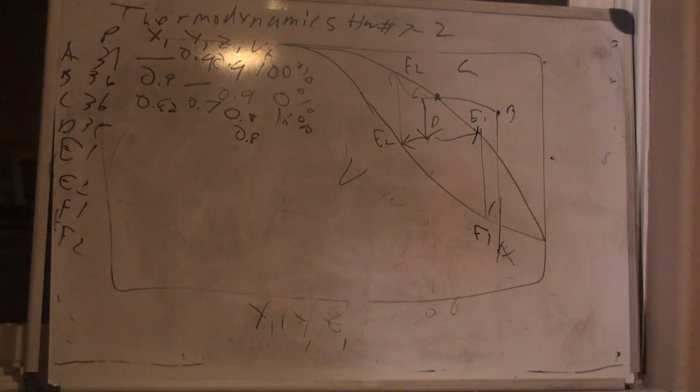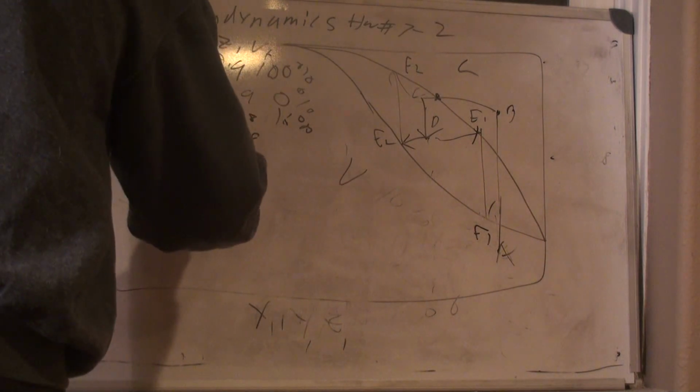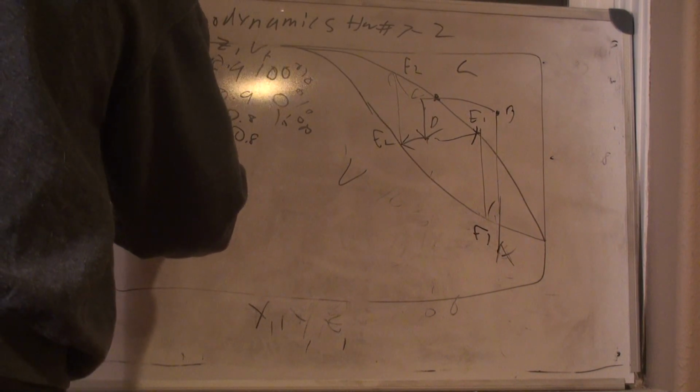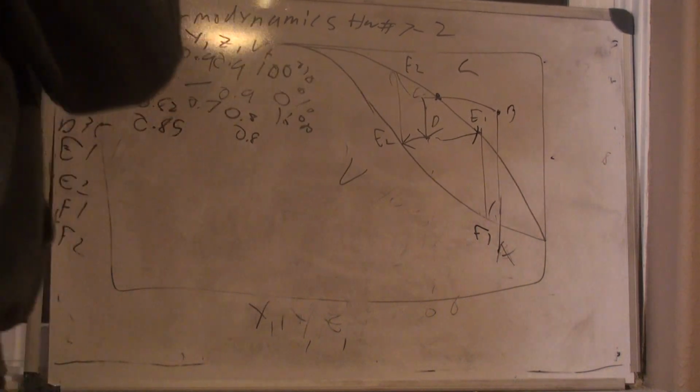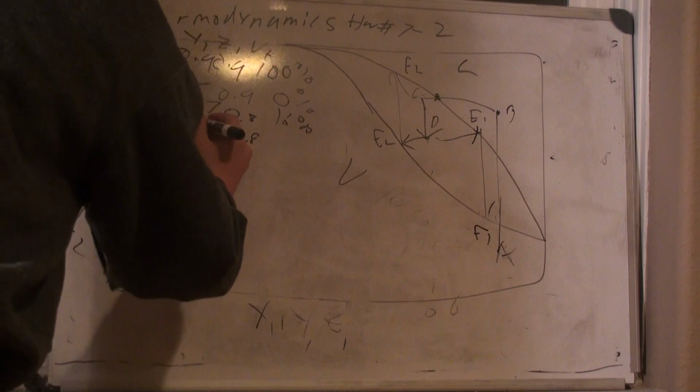So now I have to actually read my graph to figure out, at 35 kPa, what are my x and y's? If I look at those, it looks like this is easily a 0.85. And then the other one is easily 0.75. I can just eyeball those ones.